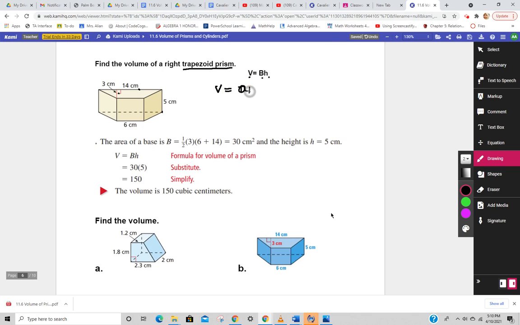So you're going to take the area of the trapezoid times the height. I'll just put h for height. That's how you find the volume of a trapezoidal prism. You need to know the formula for finding the area of the trapezoid, and that would be 1/2 h times base 1 plus base 2.